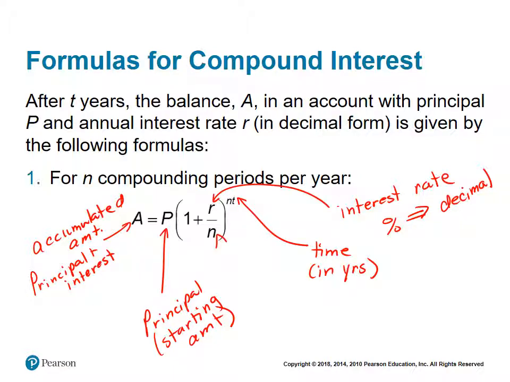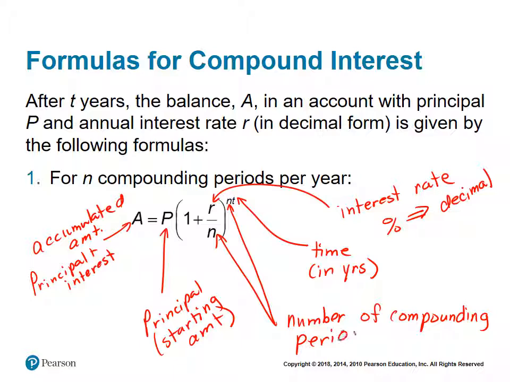And last but certainly not least would be these 2 letters, both are N. N stands for the number of compounding periods in a year. That means, is your money going to be compounded once a year, twice a year, maybe 4 times a year? That depends on the wording that is used.